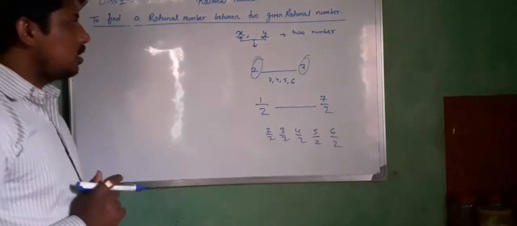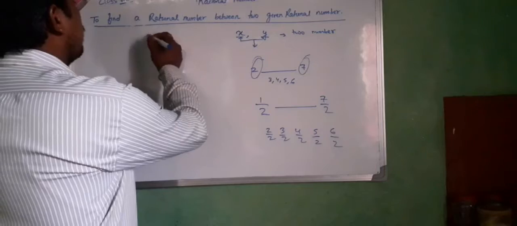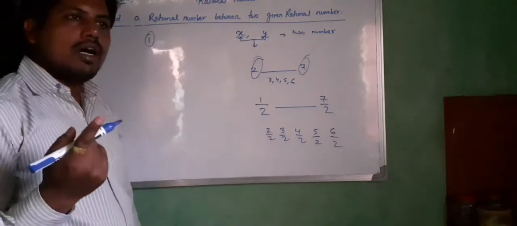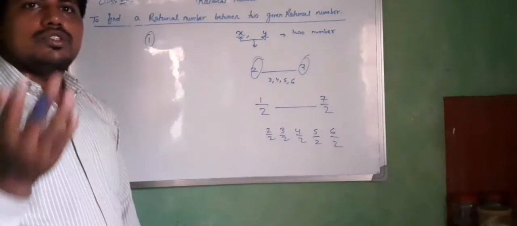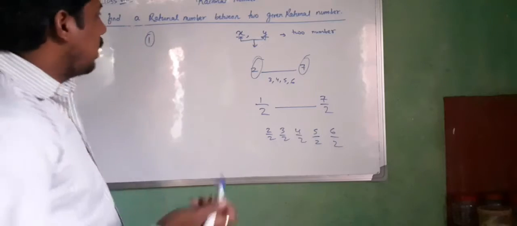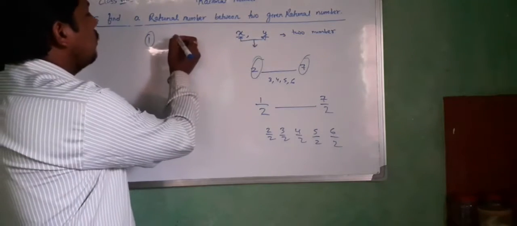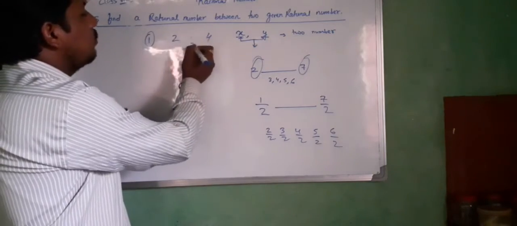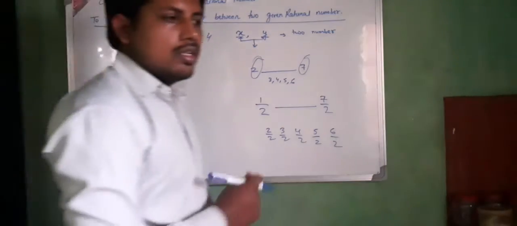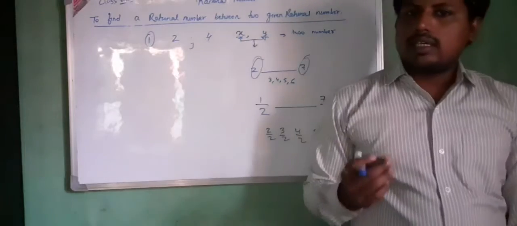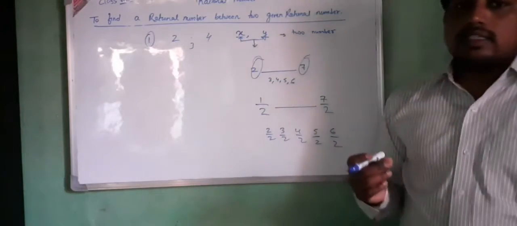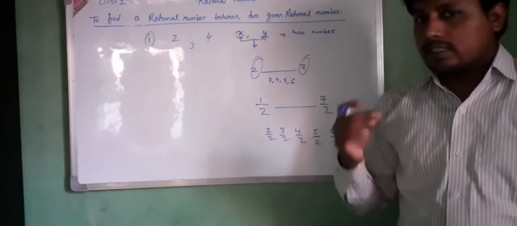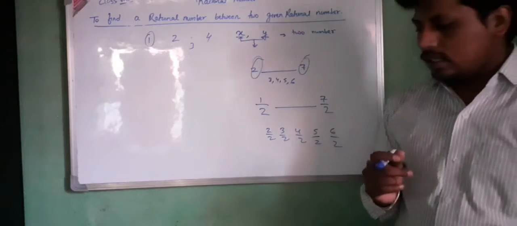Now sometimes in a question it is given: find one rational number present between 2 and 4. What is the rational number present between 2 and 4? 3, yes or no? Similarly, we have to find a rational number present between two rational numbers.